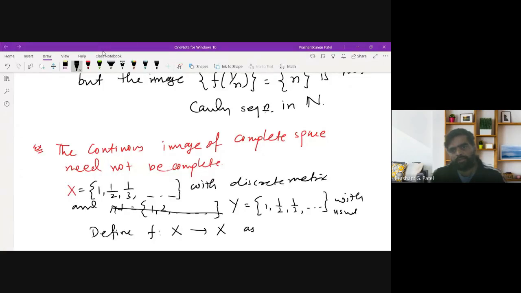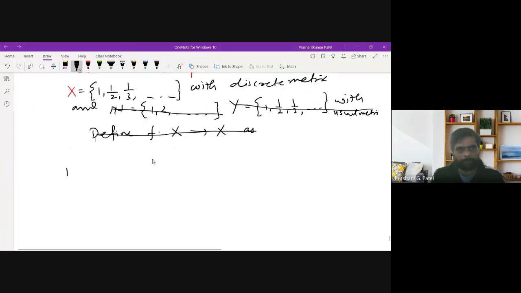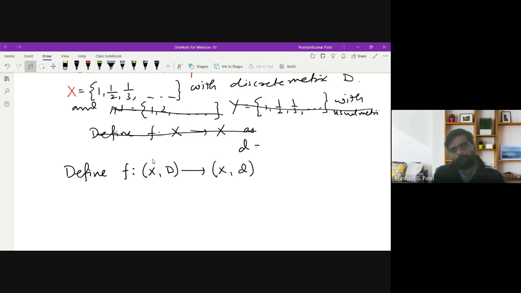Or no need to write down this Y also. I just write it in a different manner. Define f from X to capital D, the discrete metric which we have written here, where small d is the usual metric on X, as f of x is equal to x, defined like this for every x in X.